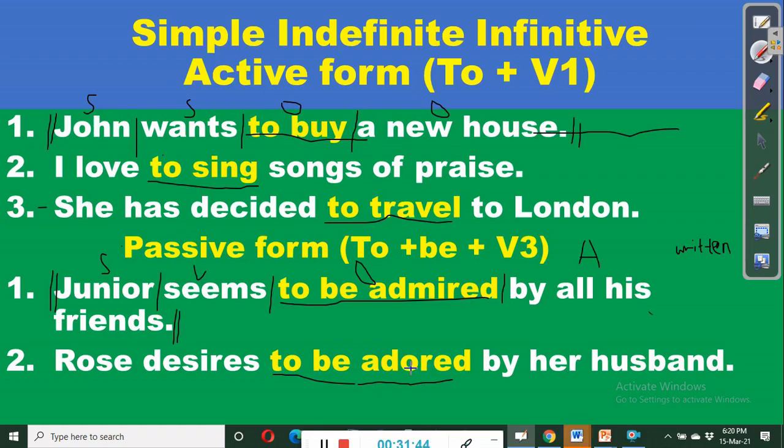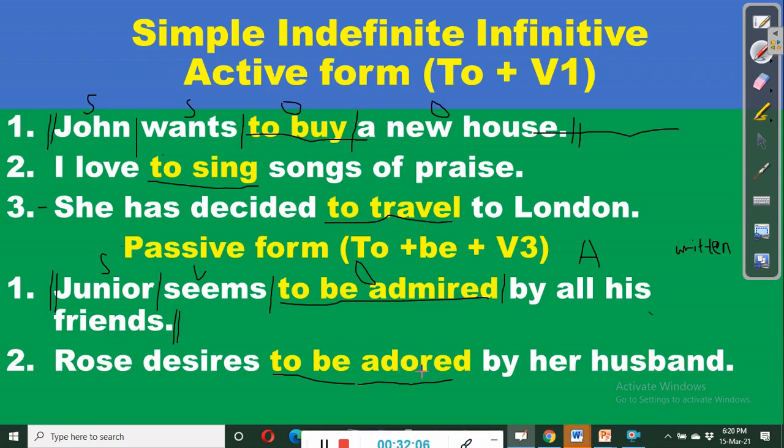If we say Rose tends to adore her husband, then that would be active. But here, Rose desires to be adored, which means she wants the action, she wants the adoration to be given to her rather than she giving it to her husband.